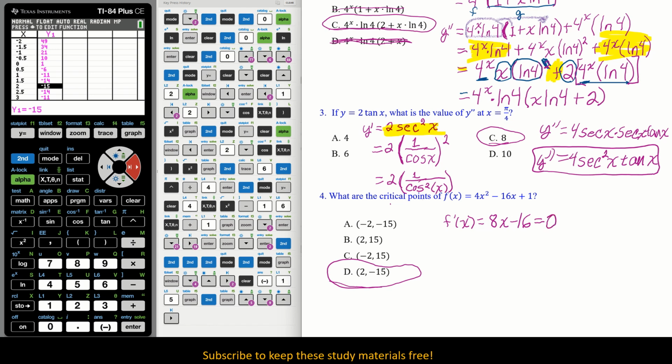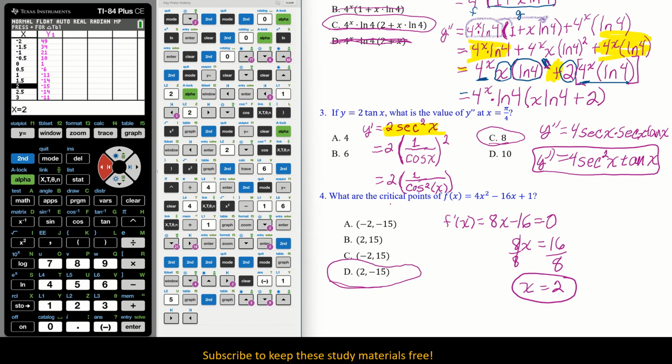This is how you find critical points. What I'm doing is finding the value of x, so with a bit of algebra, divide both sides by 8, and this gives us x equals 2. And that will tell you where to go in your calculator, which we have the table up. Then you bring up your table and do what we did. All right, let's go on to number 5.